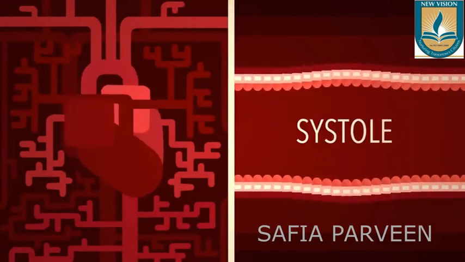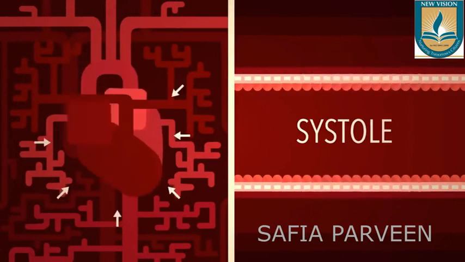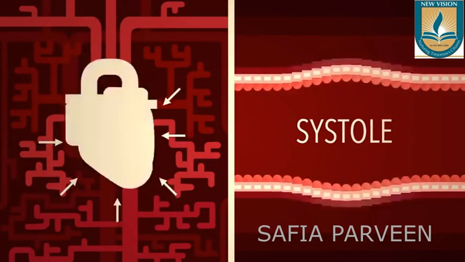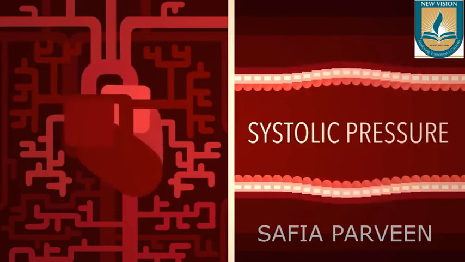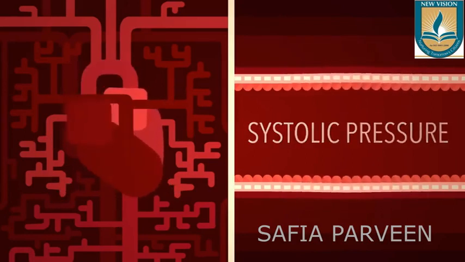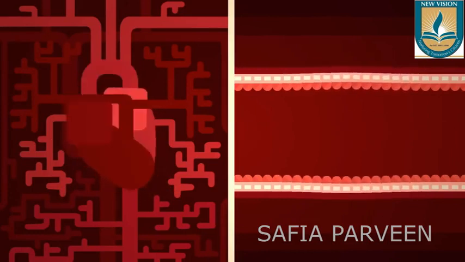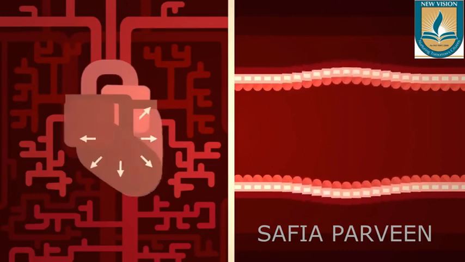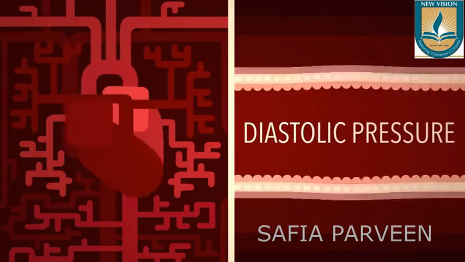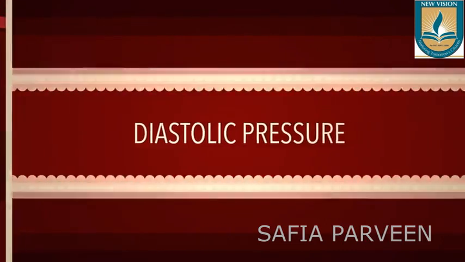When the heart is contracting, the highest blood pressure is exerted on blood vessels, which is called systolic pressure. And when the heart is in a relaxed position called diastole, the heart exerts very little pressure on the blood vessels, and this is called diastolic pressure.